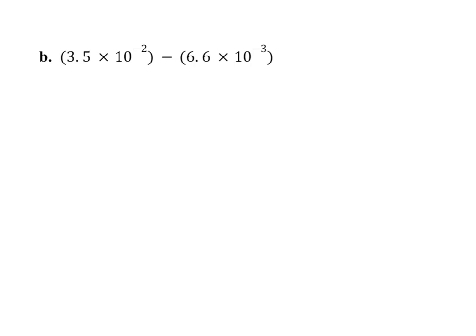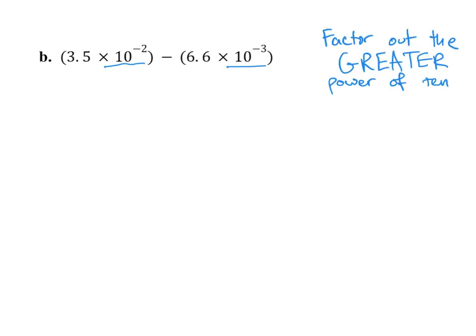That's really important for the second example here under the addition and subtraction examples, because here you may notice when we're subtracting 3.5 times 10 to the negative second minus 6.6 times 10 to the negative third, they don't have the same power of 10. So the strategy we used on the last one, factoring out the same power of 10, doesn't work. What we need to do is choose the greater power of 10.